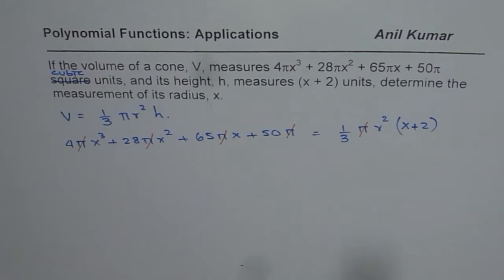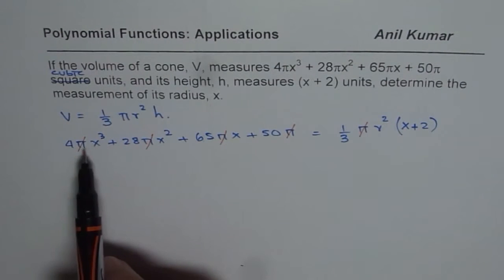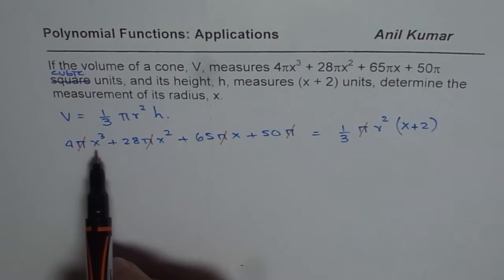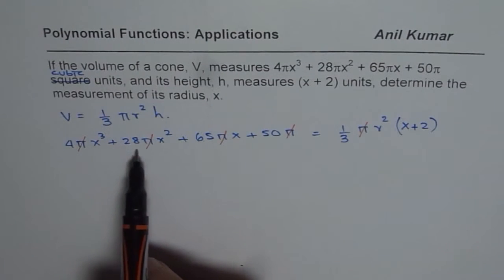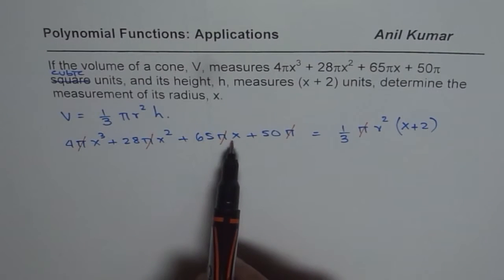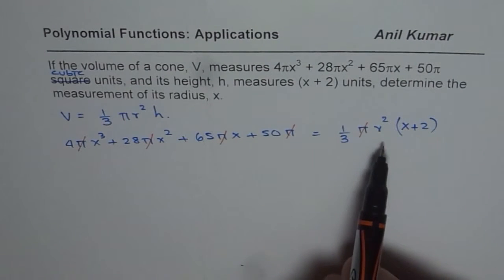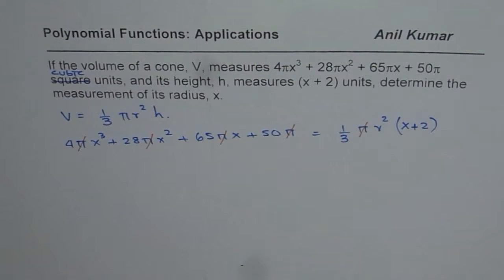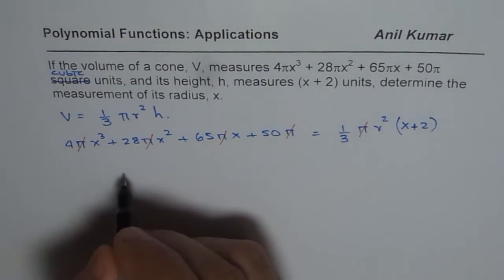So what we will do at this stage is divide 4x cubed plus 28x squared plus 65x plus 50 by x plus 2 and see what we get. That is the first part we'll do. Let's do the division here now.